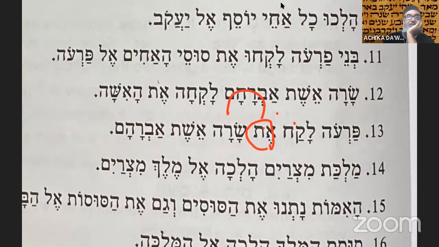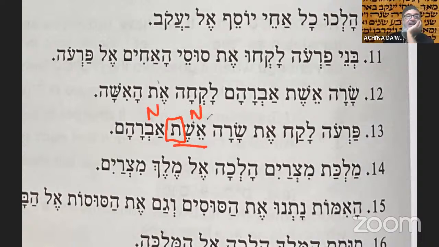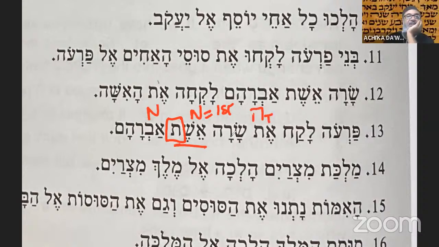Okay. So why did they change this from an a to a tav? Two nouns. Two nouns next to each other. Is this noun right here the first noun? Yes. Is it feminine? Yes. It is. And therefore, because it used to be an a, they had to change it to a what?